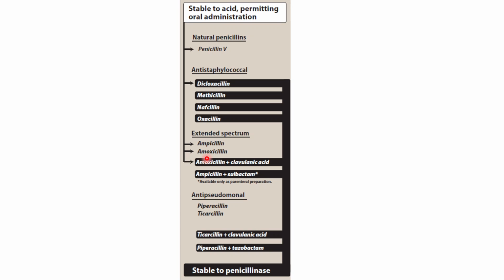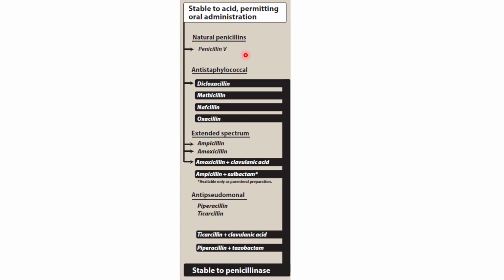So this group includes the anti-staphylococcal penicillins, because staphylococcus, sorry, not resistant to that, but actually resistant to the staphylococcal penicillinases. So it's dicloxacillin, methicillin, nafcillin, and oxacillin. And dicloxacillin is also stable to the acid, so it's not destroyed by the acid in the GI.